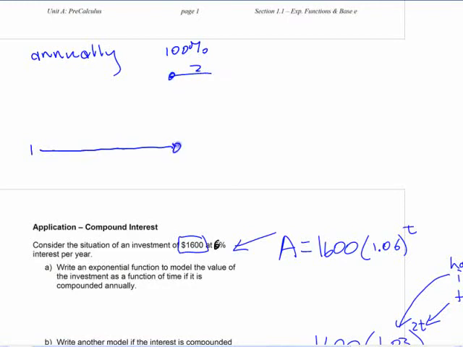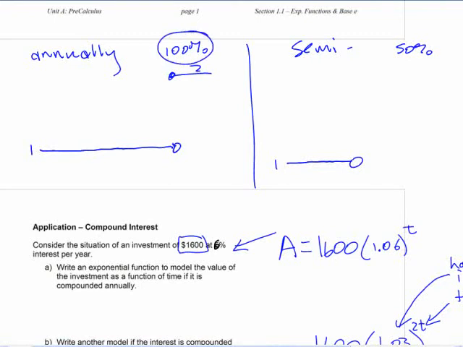If you do it semi-annually, you start with $1 here, but halfway through the year it's going to jump up. Annually, you get 100% every year, but semi-annually, you get 50% each half year. So they calculate the interest more often. After half a year, you get 50%, so you go up to $1.50.